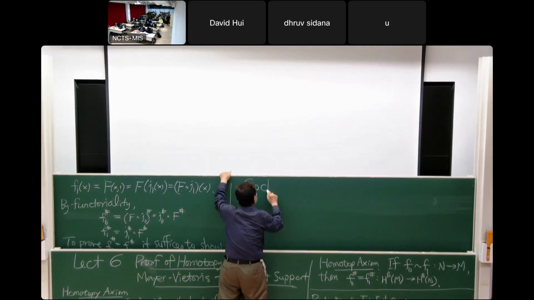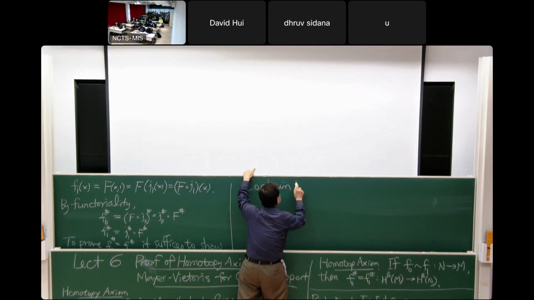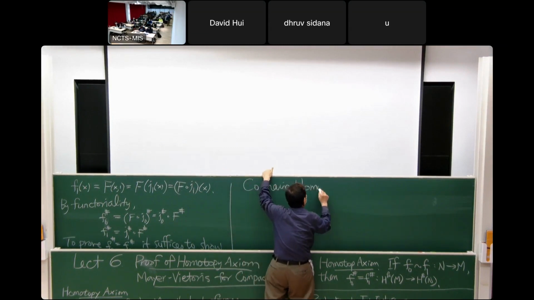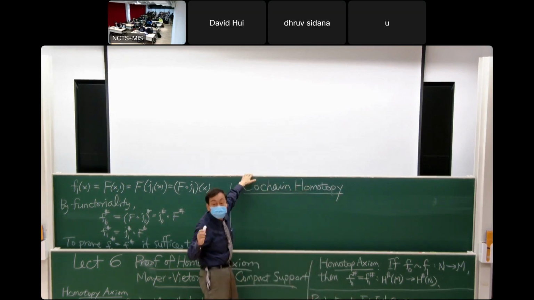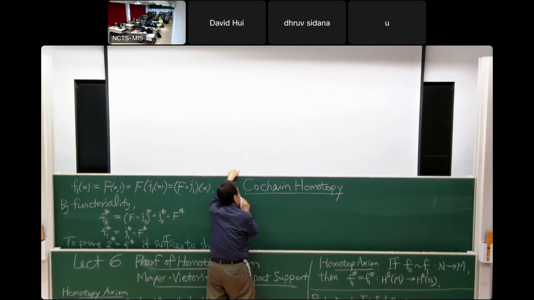So what is the cochain homotopy? Suppose you have two cochain maps of differential complexes.